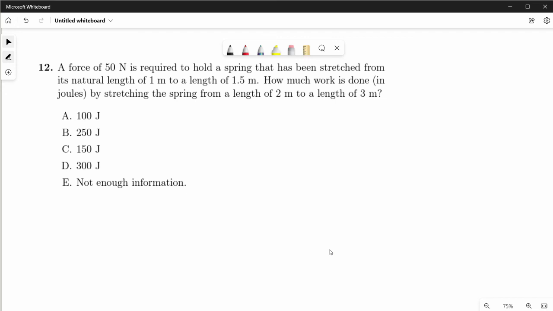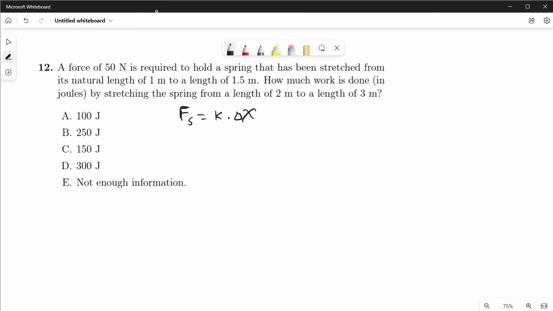So at 12, we have an application of integrals, and this just deals with springs. First of all, the force generated by a spring is the spring constant times the change of length from the natural length.